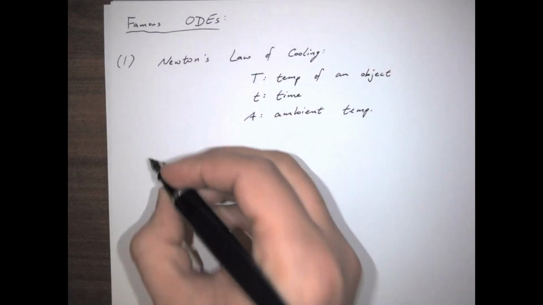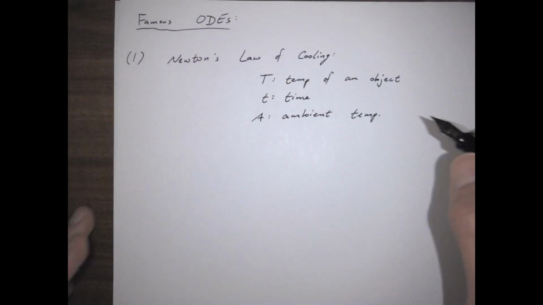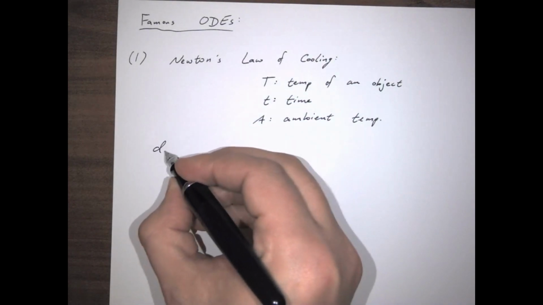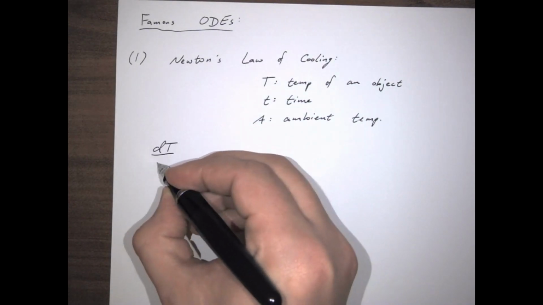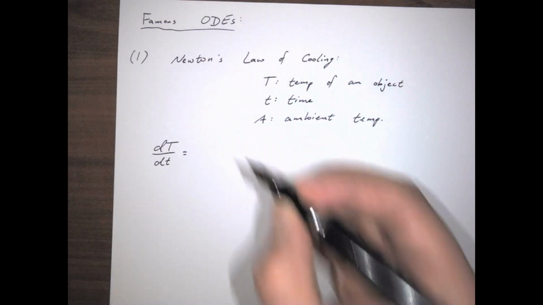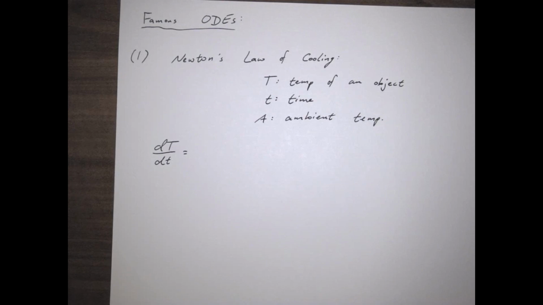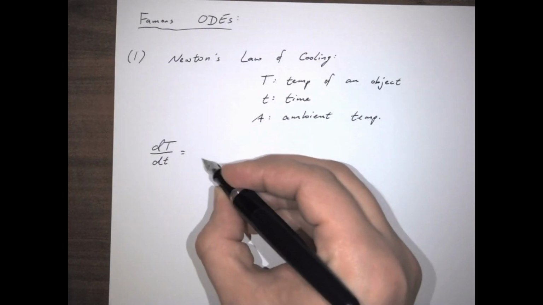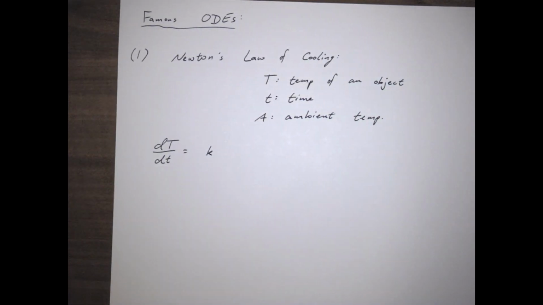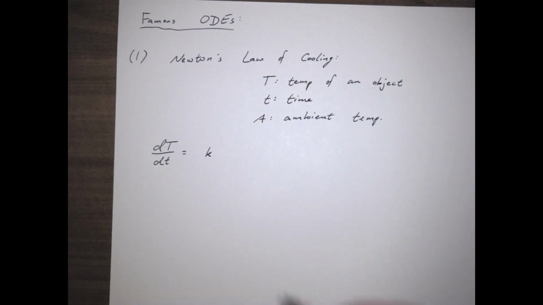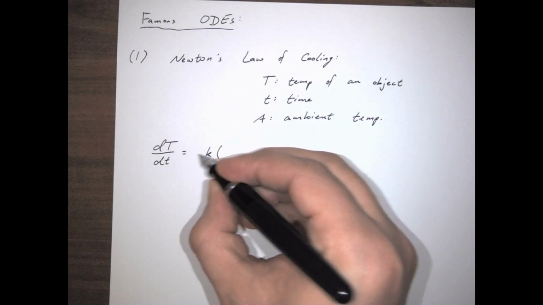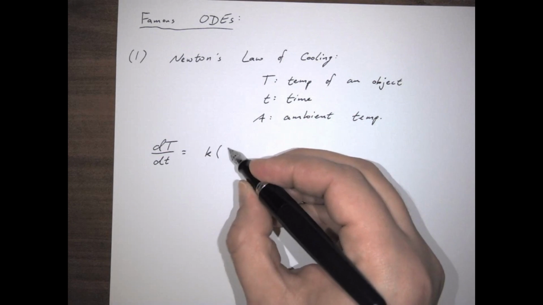All right, so then Newton's law of cooling expressed as a differential equation looks like this. So dT/dt, the derivative of temperature with respect to time, so the rate at which the temperature is cooling, or actually heating, is proportional to, the way this is usually written is with a k, and then put a big space between your equals and your k here for a reason you'll see in a second.